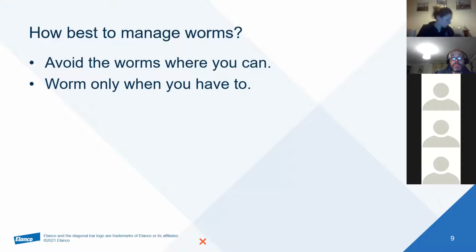We'll either be worming when we don't need to, or we'll be leaving it too late and worming after the damage has been done. So worm only when you have to is the next principle that we want to stick to.